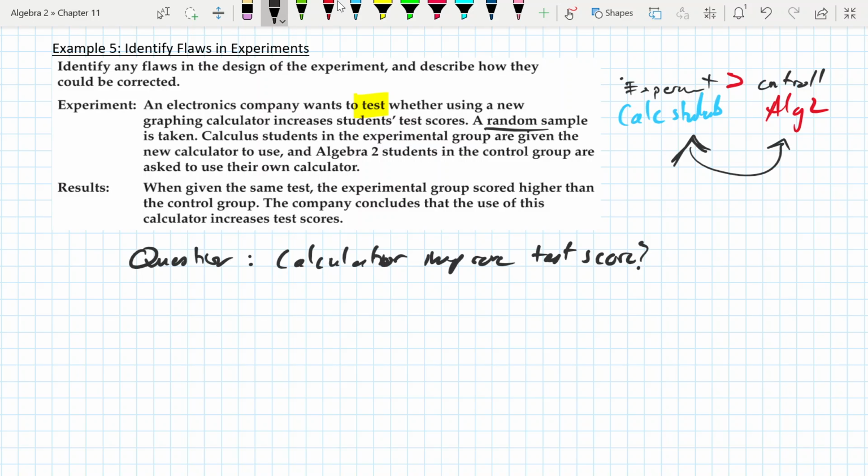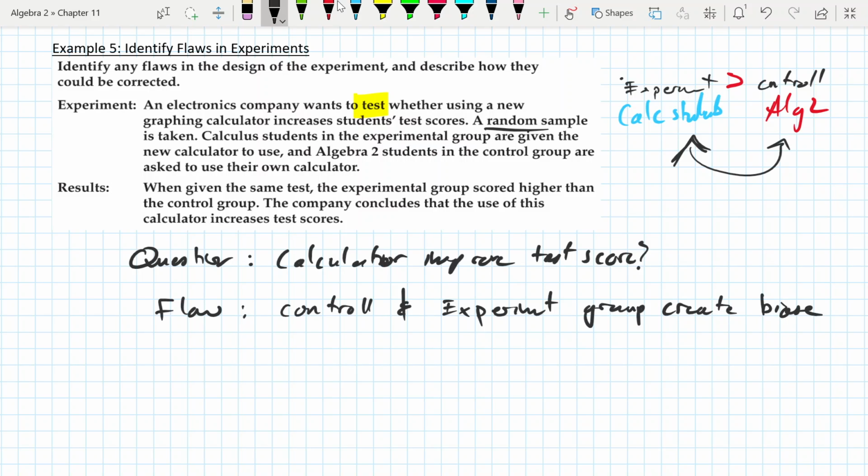So a flaw: control and experiment group creates bias to support a positive result.